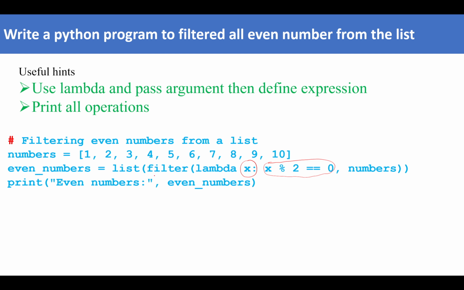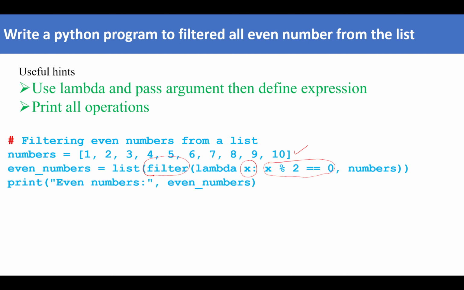After that we are using a filter function. The filter function applies the lambda function to each element of the number list, keeping only those elements that satisfy the condition.